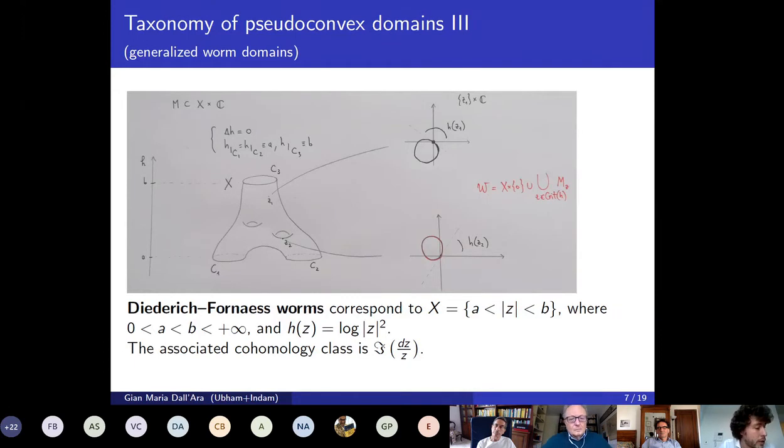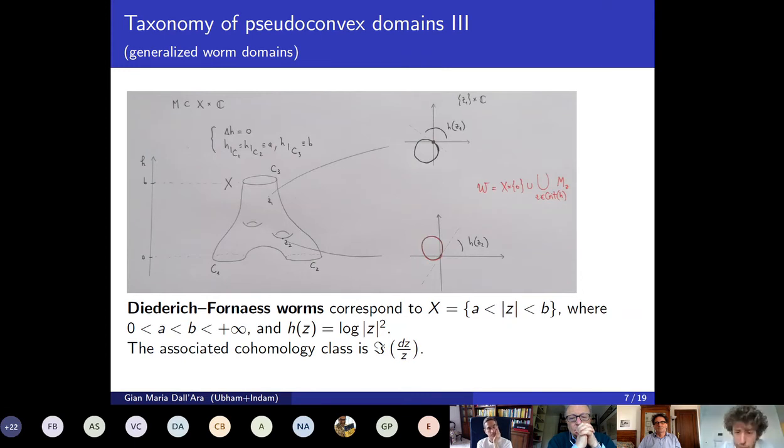Okay, the most famous examples of domains containing complex hypersurfaces with boundary in their boundary are the Diederich-Fornaess worm domains. These are well known and correspond in this picture to the case where the Riemann surface is just an annulus.